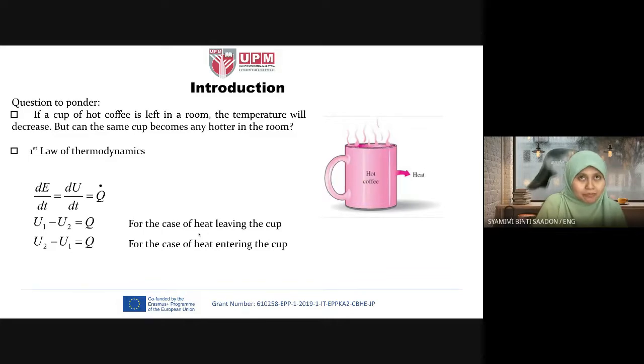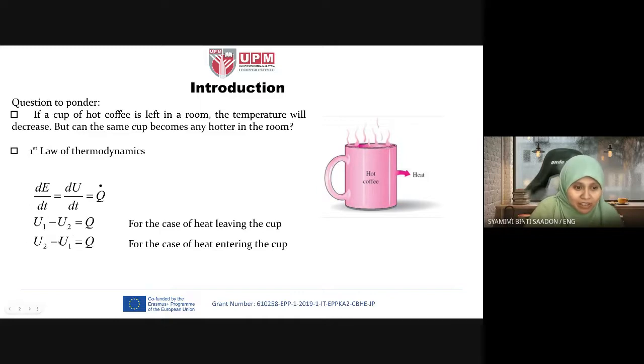Because we expect U1, the initial internal energy at point 1, to be higher than the internal energy at point 2 at the end, it means that the heat is leaving the cup.